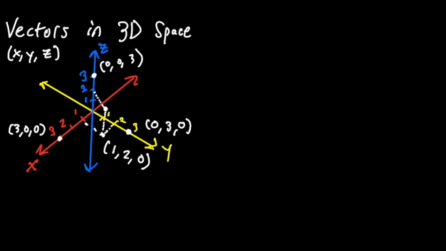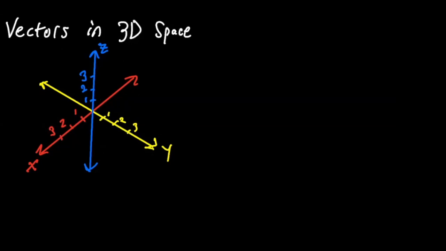So this point up here in space, so it's not on any of our three planes that we defined. Here we have an x value of 1, a y value of 2, and a z value of 2. So this is how we describe points in 3D space with an x, a y, and a z coordinate.